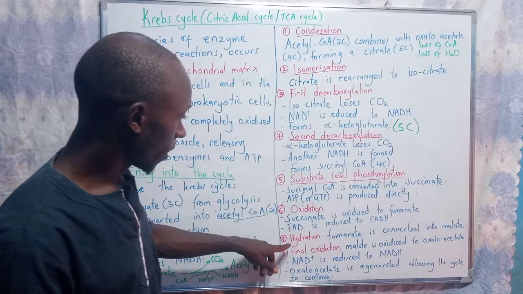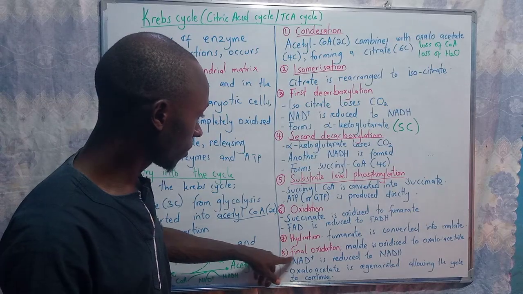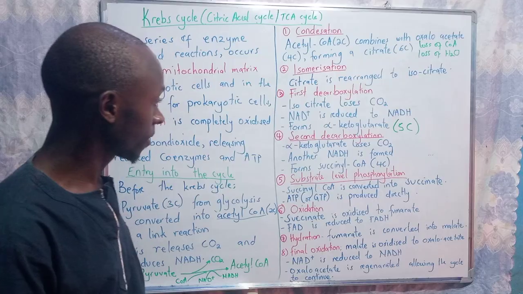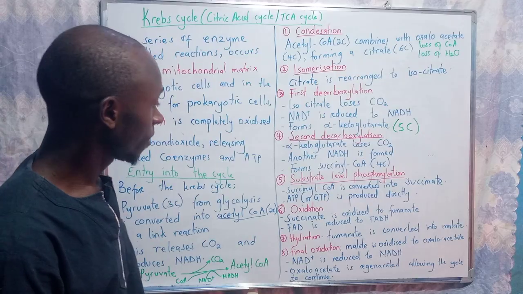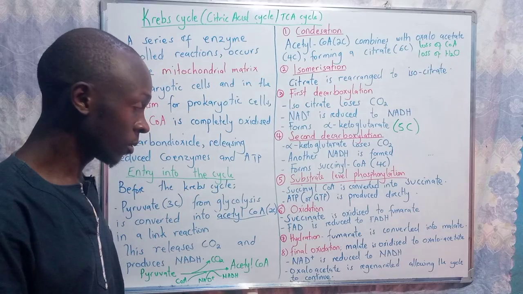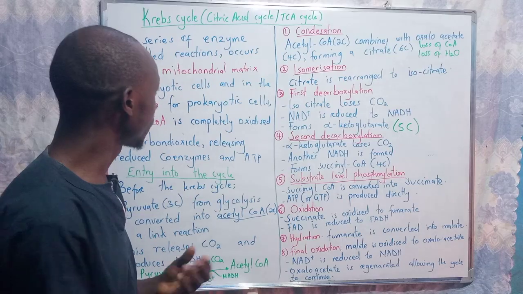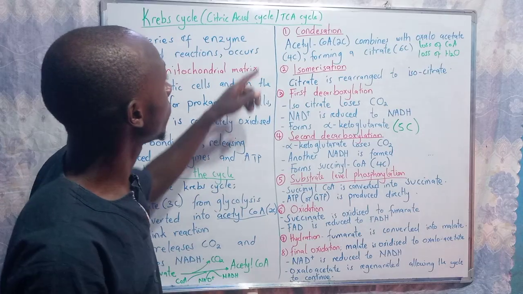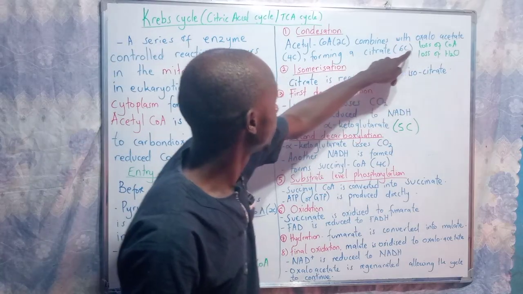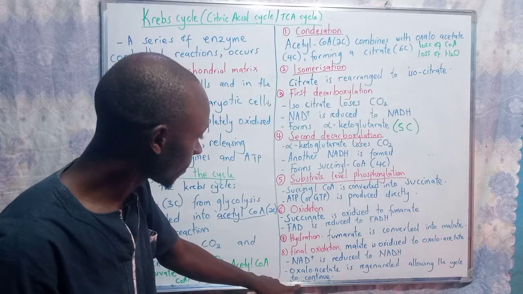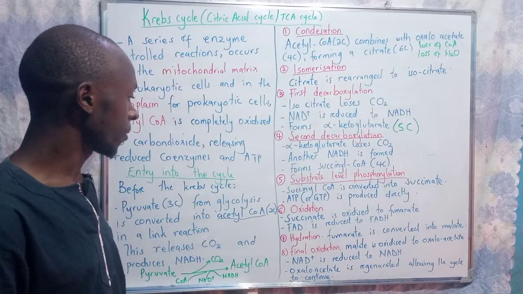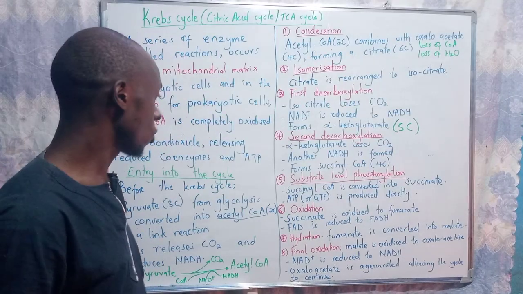So in the final stage, that is the oxidation stage, we have the malate being oxidized to form oxaloacetic acid, or the oxaloacetate, which is again going to allow the cycle to continue because the cycle is repetitive. Remember, in the first stage, we had oxaloacetate getting involved. So it means even at the last stage, we must have oxaloacetate being regenerated so that the cycle can continue.